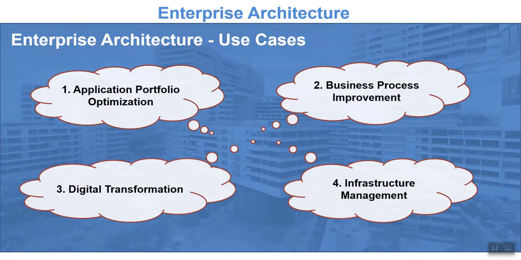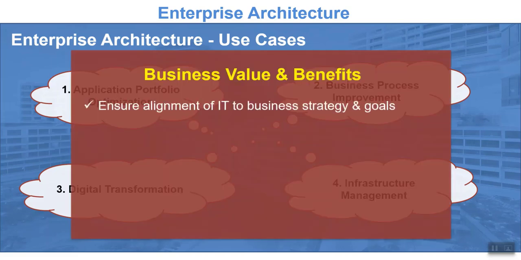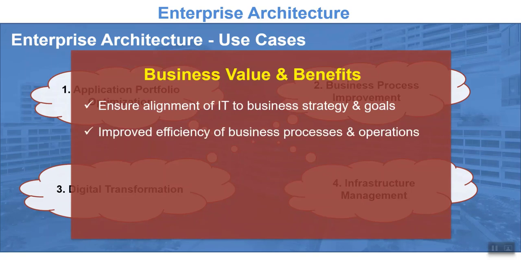Based on the use cases we went through today, we can see the business value that an organization can realize by having an enterprise architecture practice and implementation in place. We have seen how enterprise architecture ensures that IT is aligned to your business strategy and goals. We have seen how it improves the efficiency of business processes and operations, if you remember the business process optimization use case.